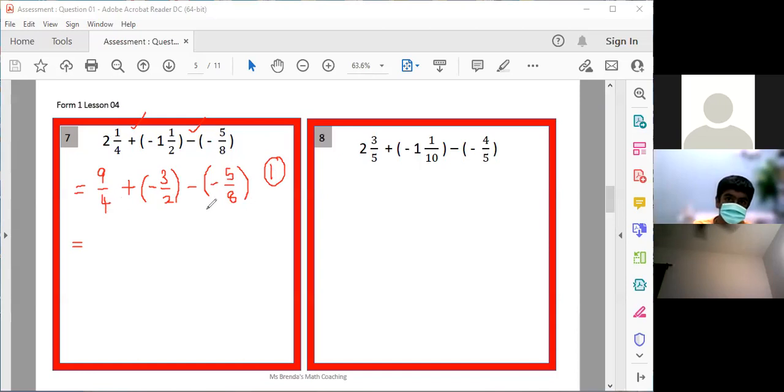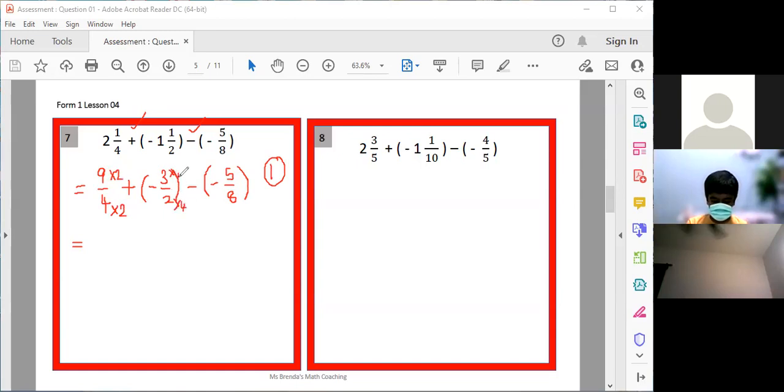Which denominator am I going to use for this question? 8. Yes, we use 8. So what will happen to 4? What can I times 4 with so that I get 8? 2. What you do at the bottom, you also do at the top. Now, what do I times the 2 here with? Times by 4. Very good.